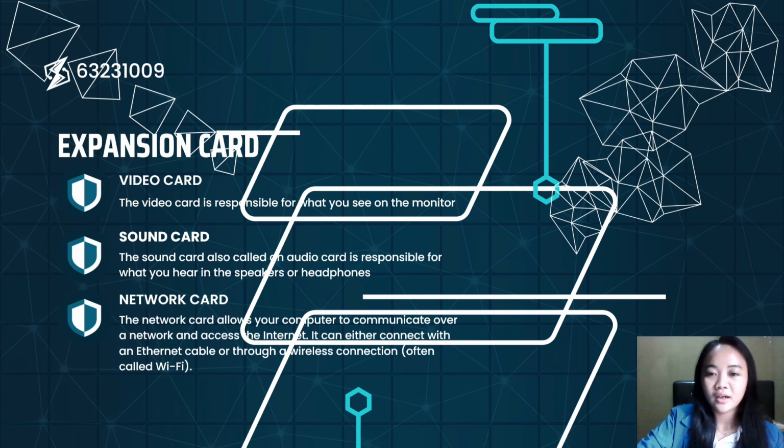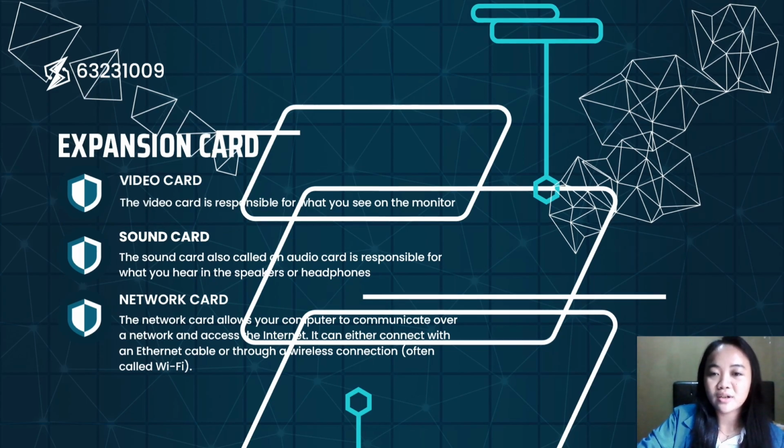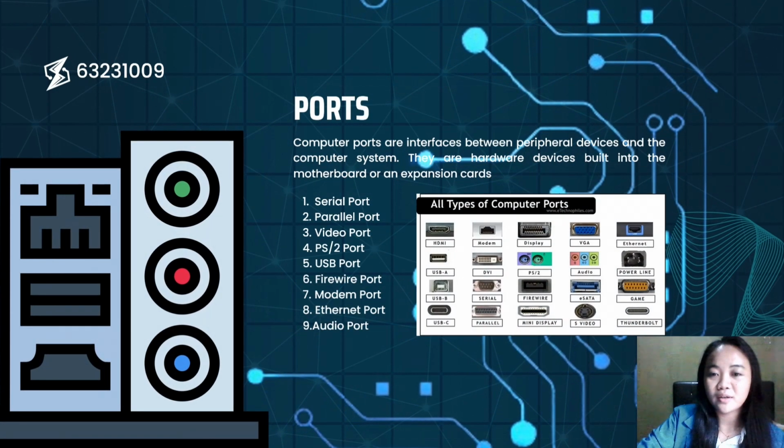5. Computer ports are the interface between peripheral devices and the computer system. They are hardware attached to the motherboard or on an expansion card. They are often mounted on the front of the computer case for easy access but will plug back into the motherboard.